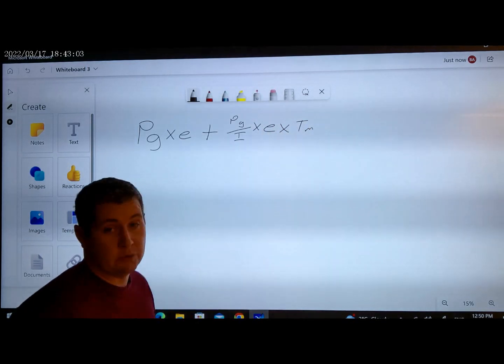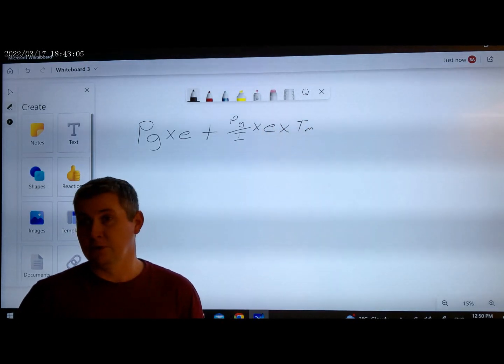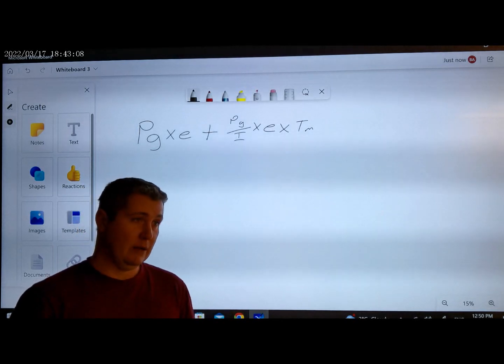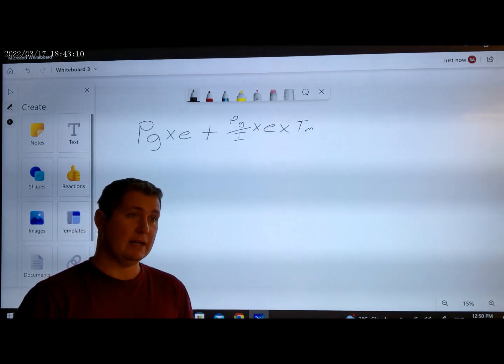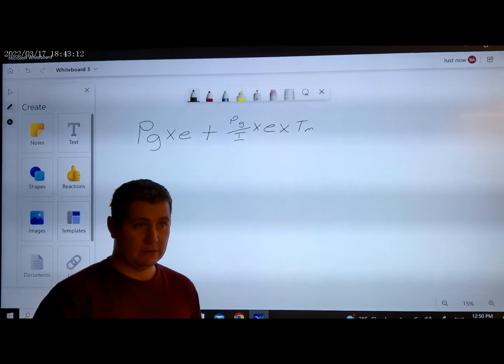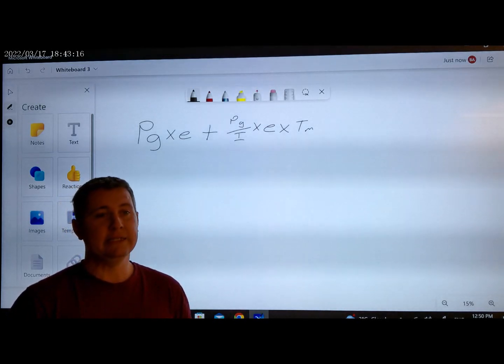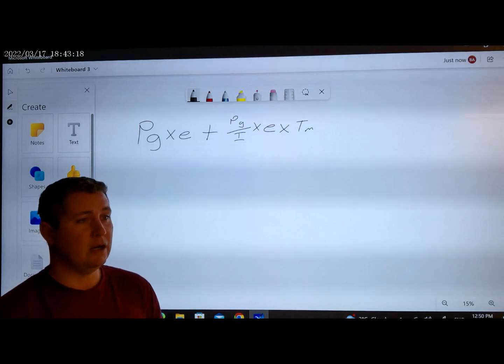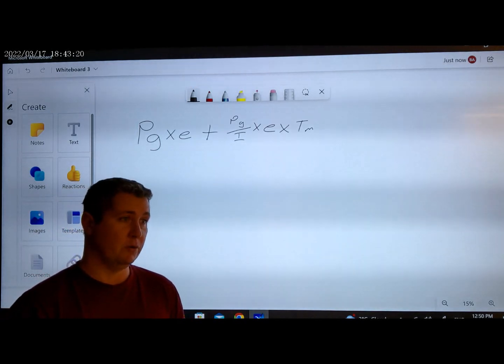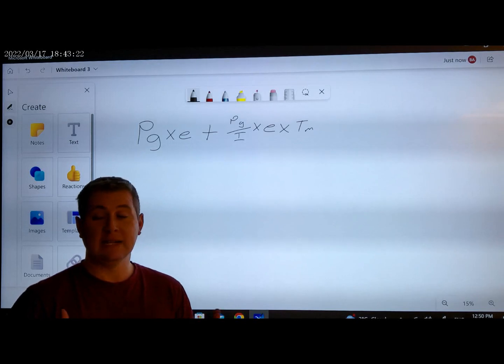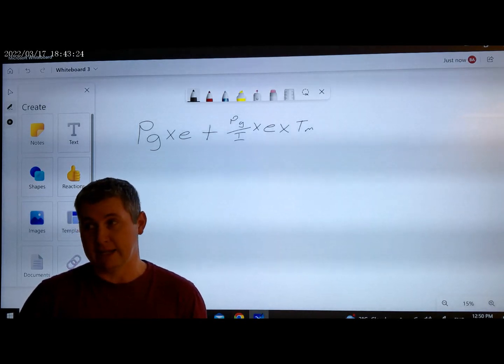Now, we've had no issue with this. This has been very easy and very straightforward. However, the one thing that we have left off that we are now going to put on, which is one of the final pieces of the puzzle, is the fact that we are in reverse mode. We're not in direct acting, we're in reverse acting.